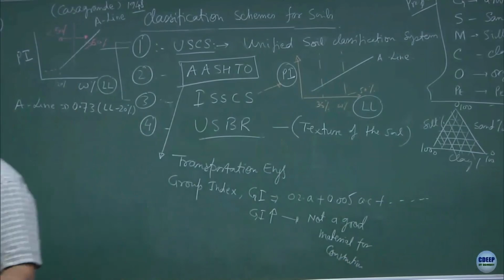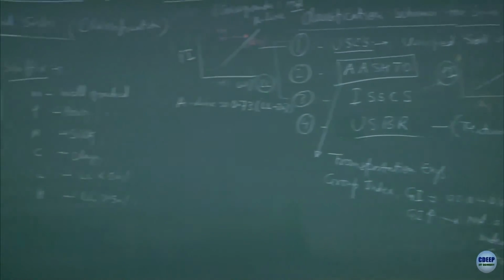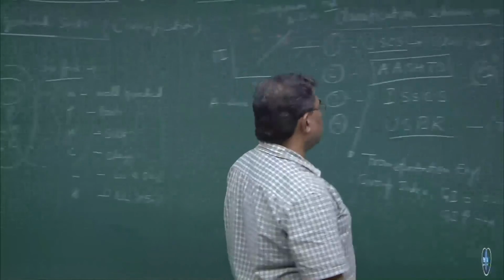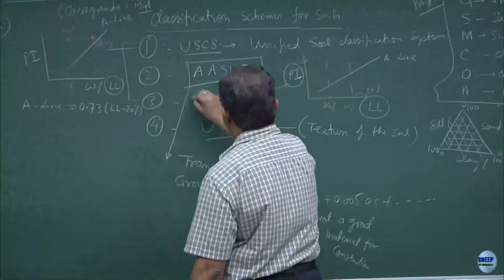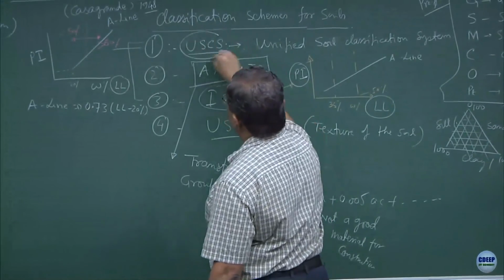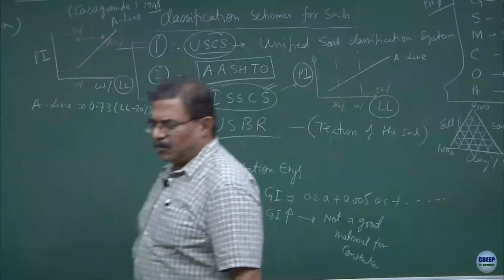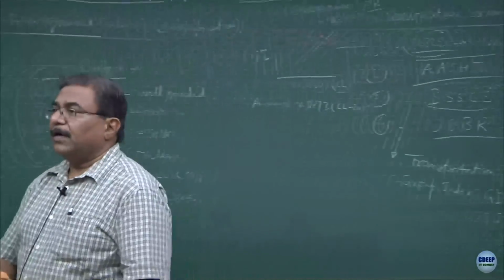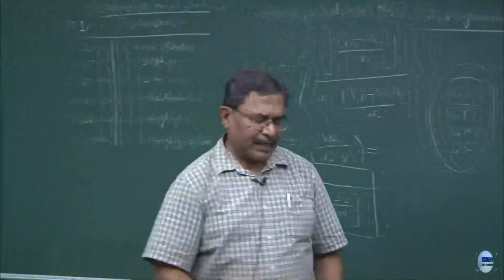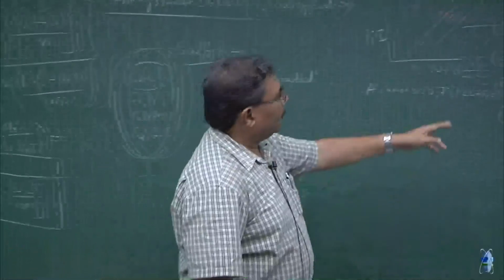So, what we will do now is, with this discussion we are going to define our soils mostly based on ISSCS and sometimes based on USCS. So, when you do research and when you publish papers in international arena, there ISSCS is not known much.